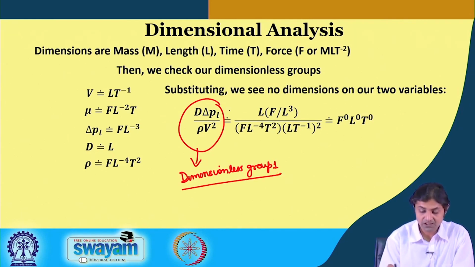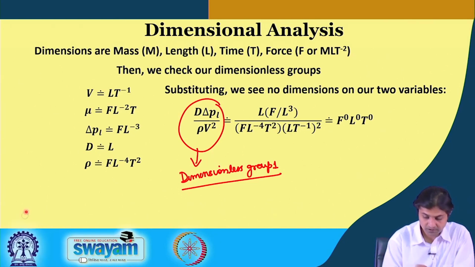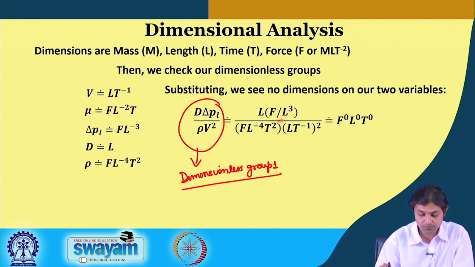D is length, delta P L is F by L cube from here, rho is FL minus 4 T square, and this is LT minus 1 whole, LT minus 1 to the whole square.